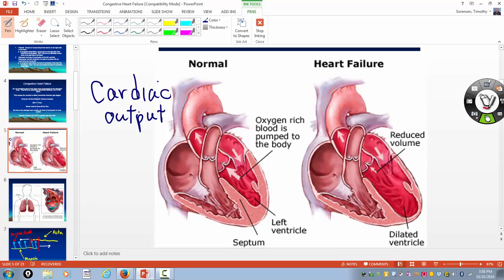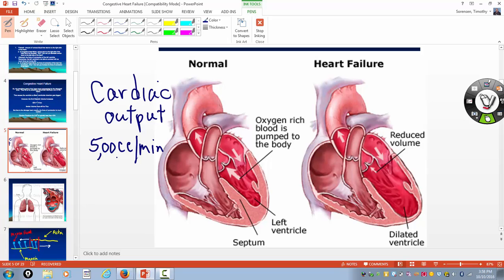What cardiac output helps explain is how the cardiovascular system at rest is able to pump out 5,000 cc's per minute. So cardiac output, blood flow, Q, 5,000 cc's per minute.